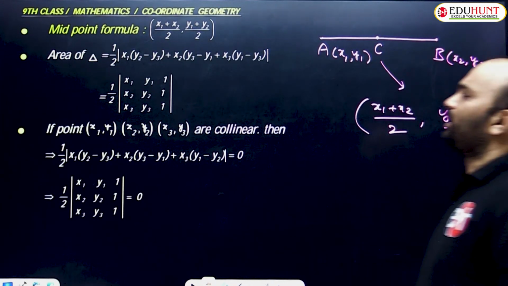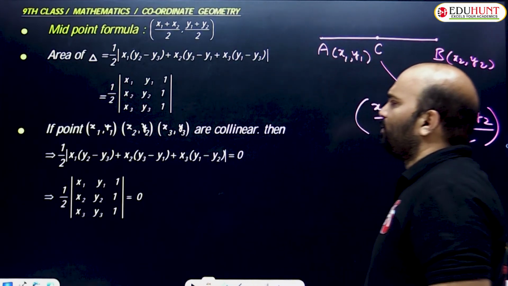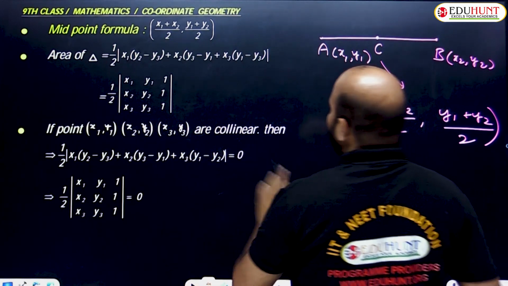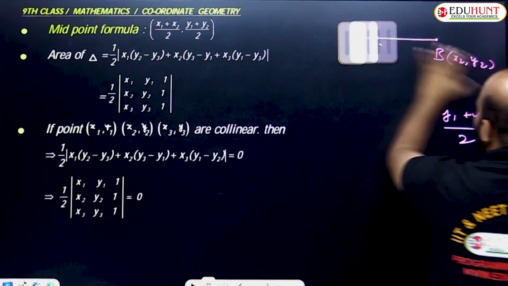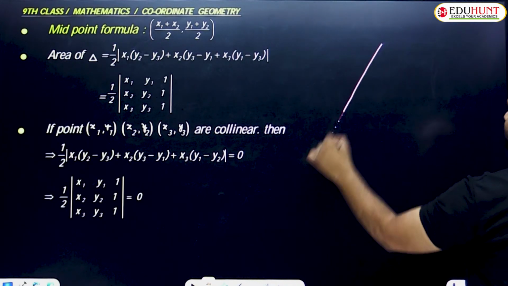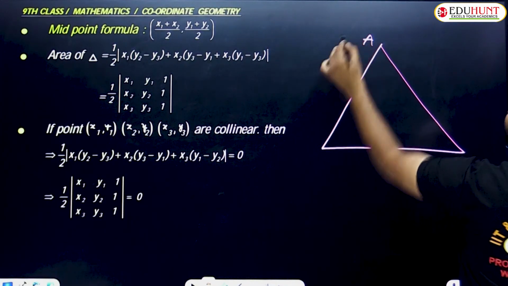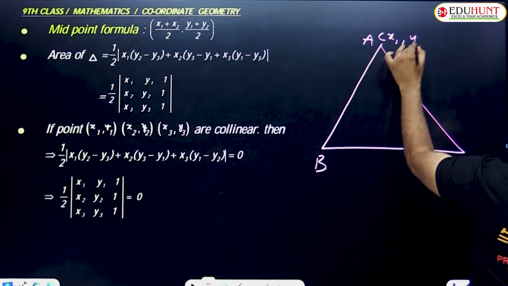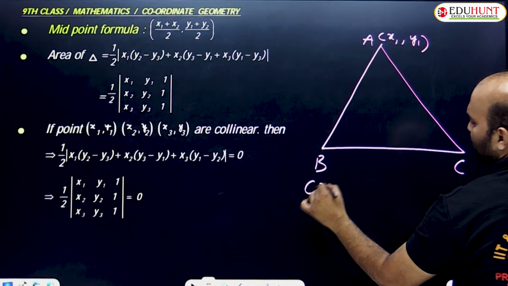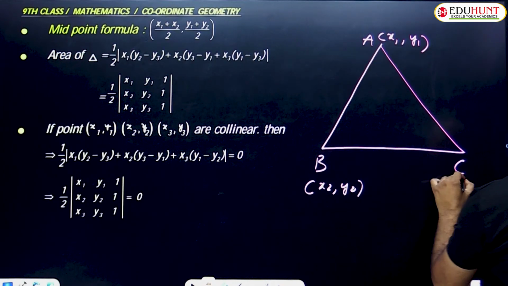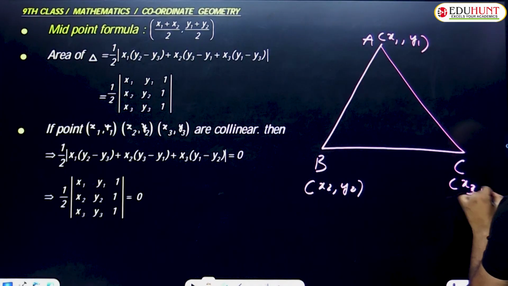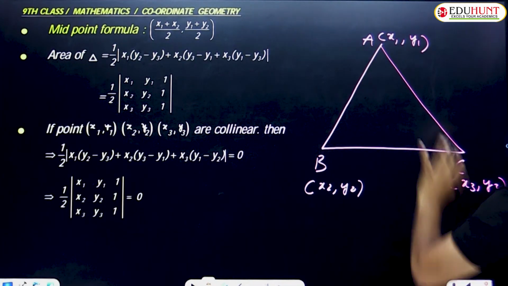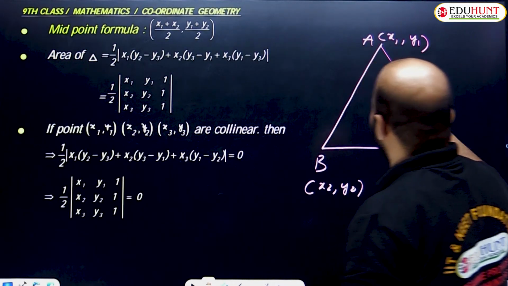Okay, so next one, area of triangle. A triangle contains three vertices. So let me take ABC as a triangle. A coordinates are x1 comma y1, B coordinates are x2 comma y2, C coordinates are x3 comma y3. So what is the area of the triangle in the coordinate system?